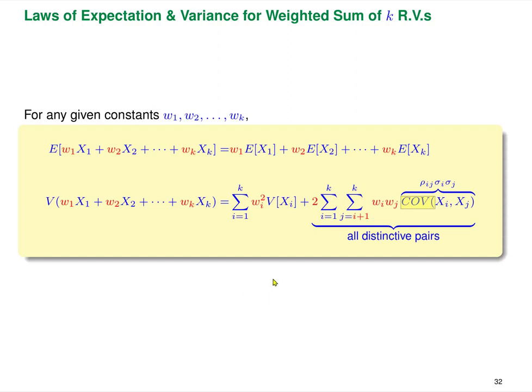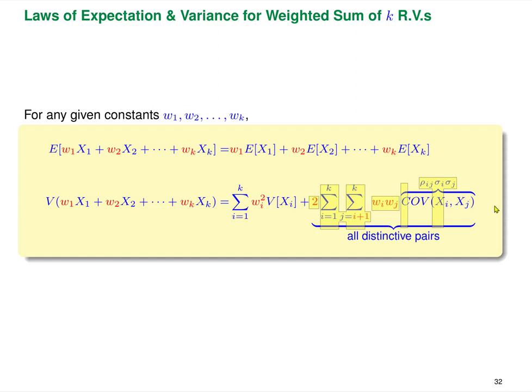The variance of the weighted sum of these k random variables can be calculated as follows. First, we calculate the sum of the product of the square of the weights with the variance of that random variable. And then we need to add a correction term.